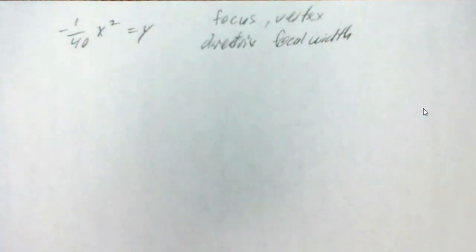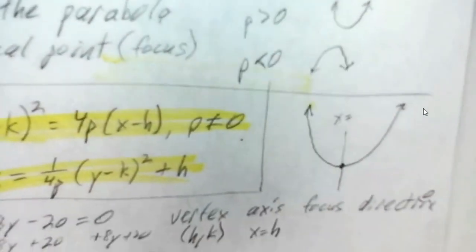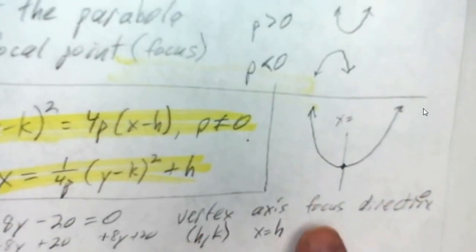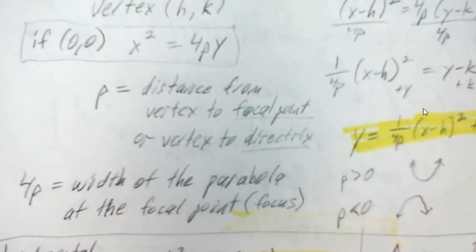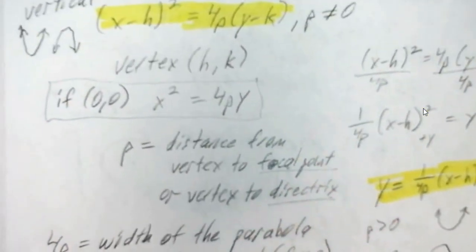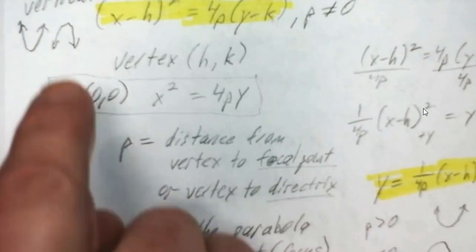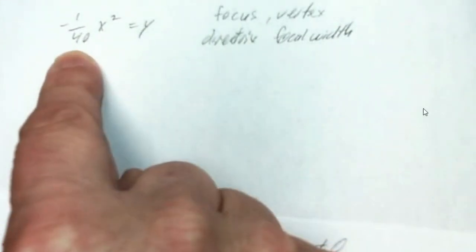Okay, so we need our hyperbola notes. Our parabola notes. So here it is, where we find the vertex, axis, focus, directrix. Here are our equations. So it depends on whether this is vertical or horizontal. The one we have is -1/40 x squared.